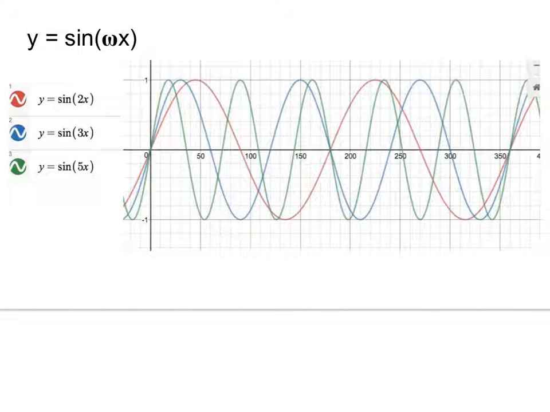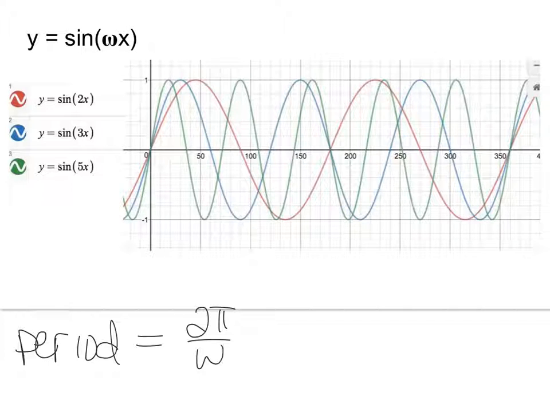Now we're doing sine omega x. Omega is the horizontal compression or stretch. Now we use omega to calculate the period of the function, which we will summarize at the end of the lesson. The period of the function is 2 pi divided by omega.